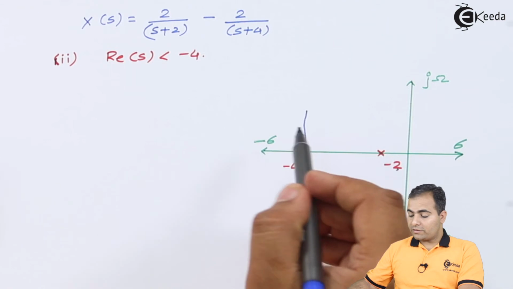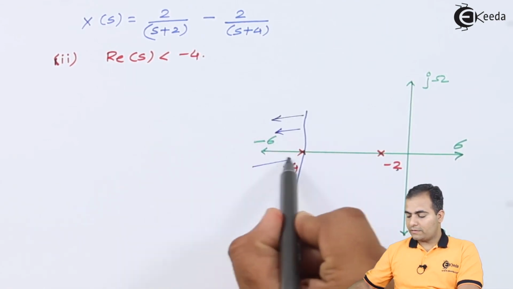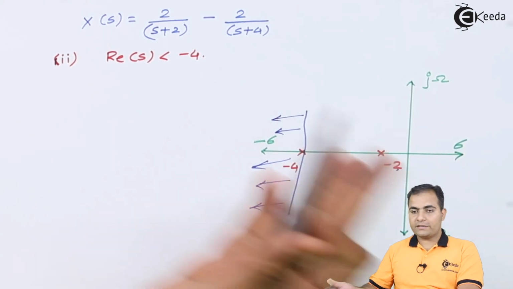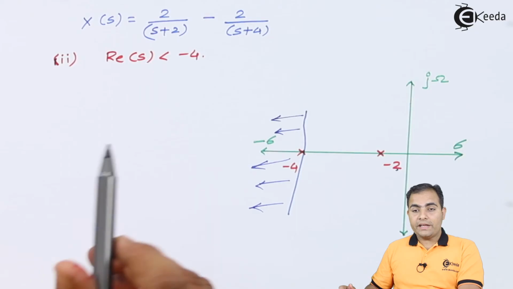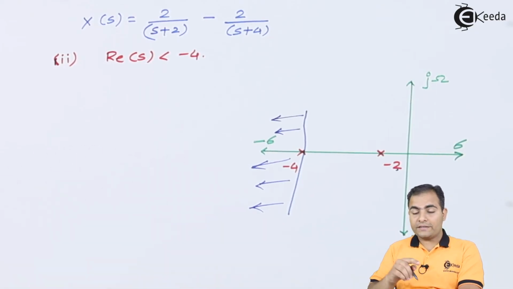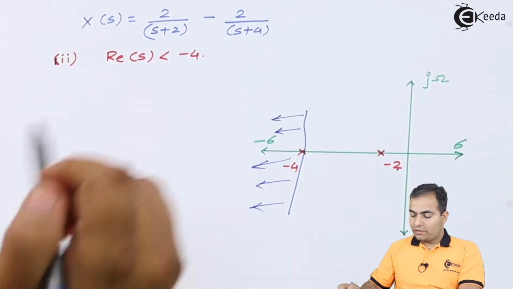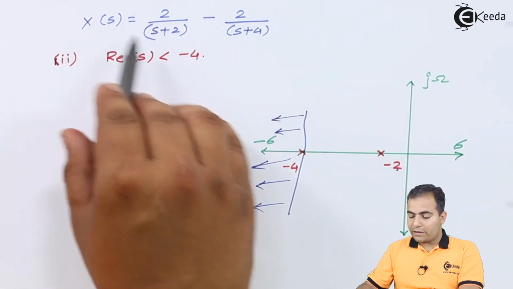So this is our ROC, which is on the left-hand side of minus 4, the leftmost pole. Now how to write the equation? As I told you, if your ROC is left-handed, then all the unit steps are replaced by minus u of minus t. So first of all, I will find the inverse Laplace transform of equation number 1. This was equation number 1.